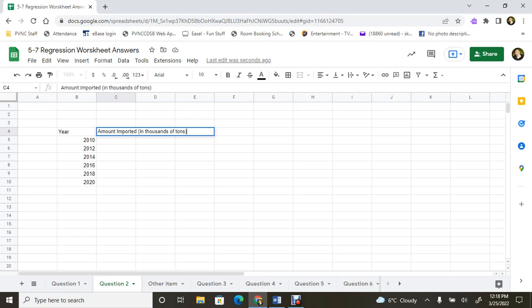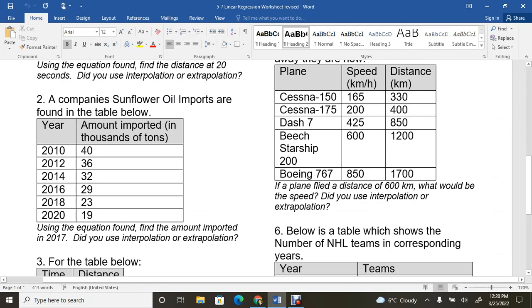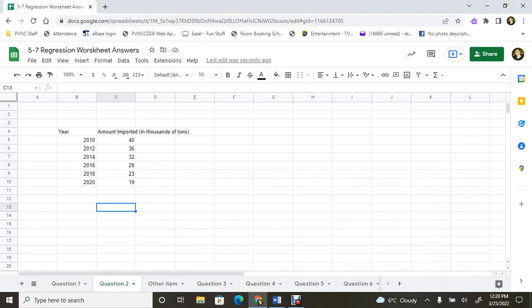And I'm going to type down here. And here we got 40, 36, 32, 29, 23, 19. Double check, I'll flip over to the other page here, so it should be the same: 40, 36, 32, 29, 23, 19, and hopefully the same here.